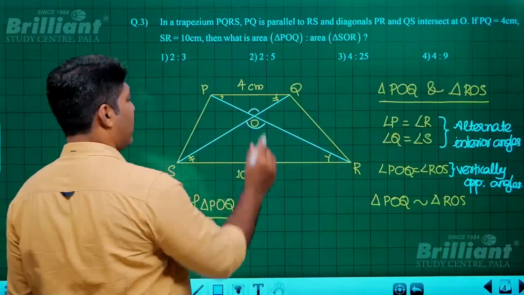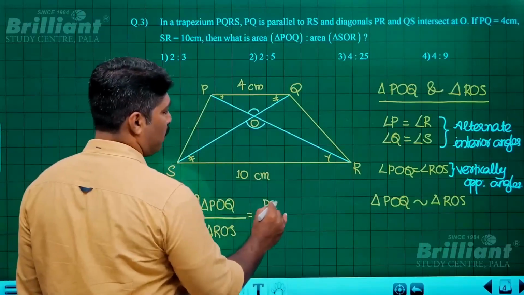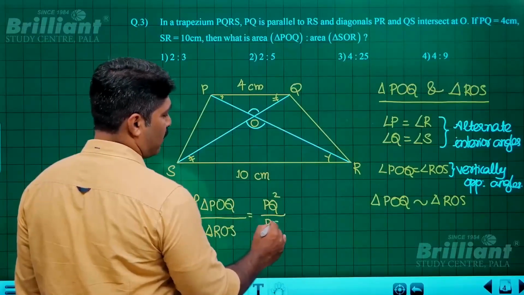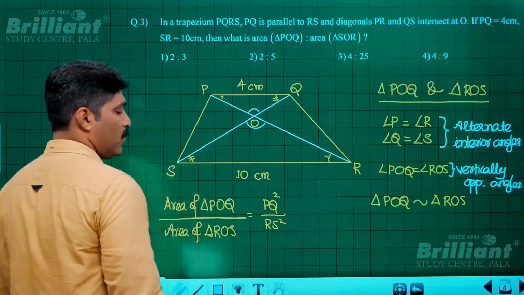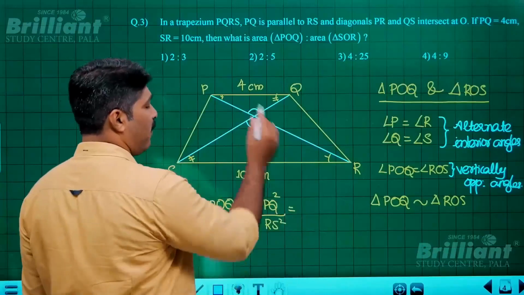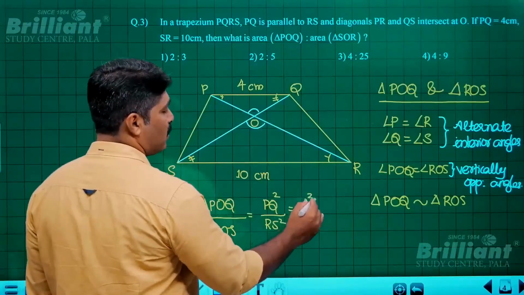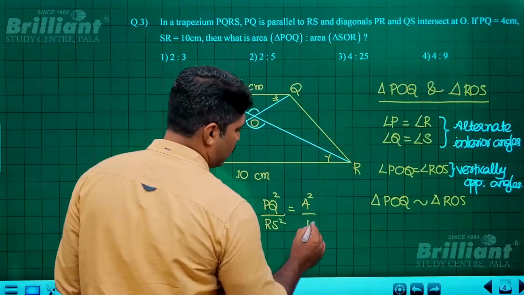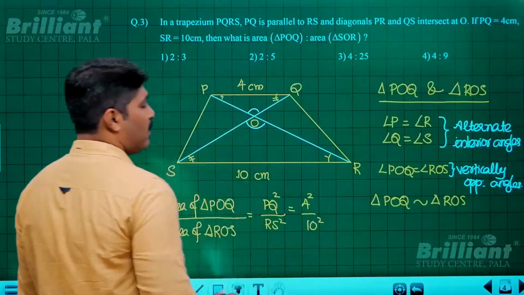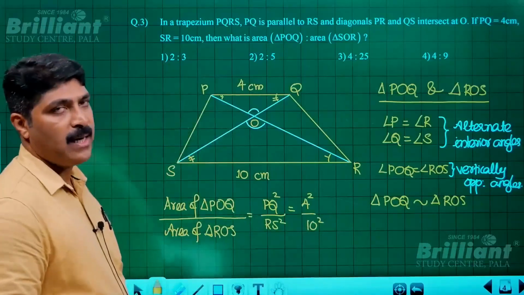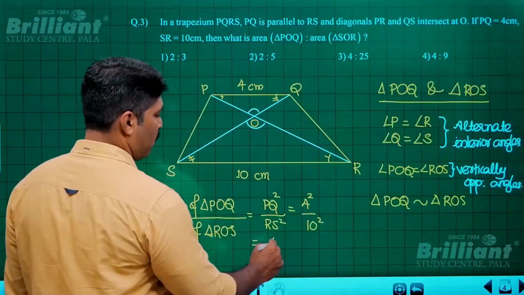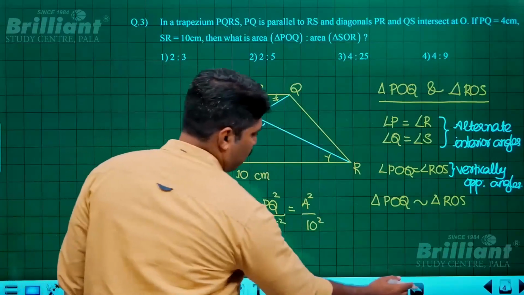So here we are considering the sides PQ square is to RS square. PQ is 4, so this is 4 square is to the denominator 10 square. So consider the value. This is 16 by 100, which will be equal to 4 by 25. So this is 4 by 25.